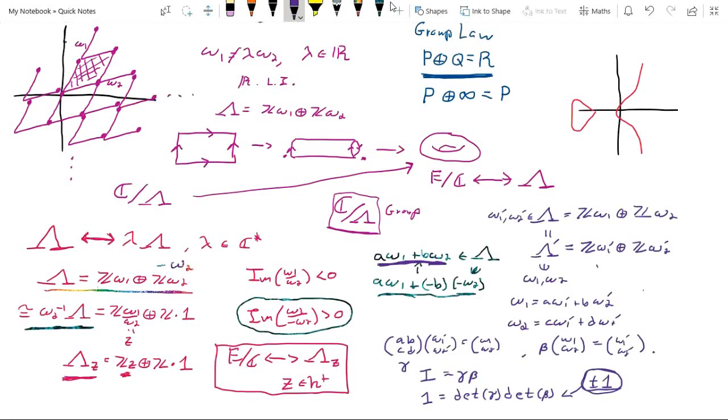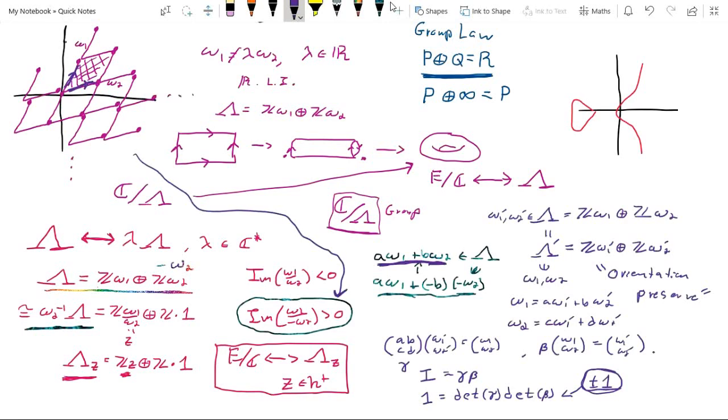From linear algebra, a matrix is called orientation preserving if and only if its determinant is strictly positive. In other words, and this word orientation corresponds to the literal orientation of these two vectors, omega 1 and omega 2, we're keeping the orientation the same, which turns out to be equivalent to keeping the imaginary part strictly positive.